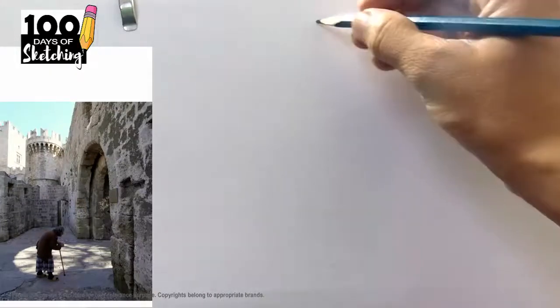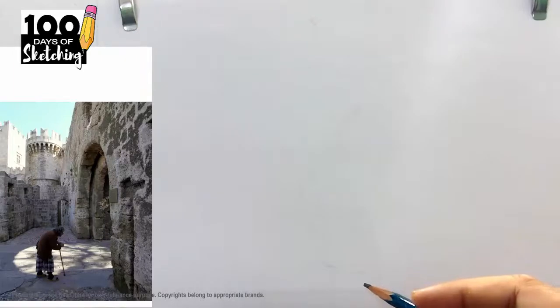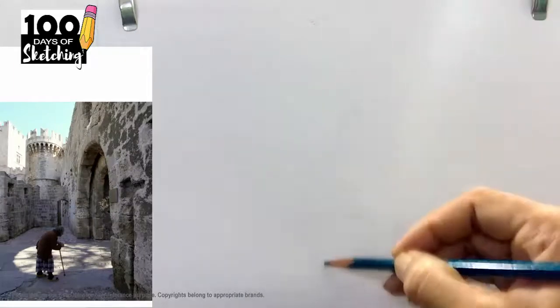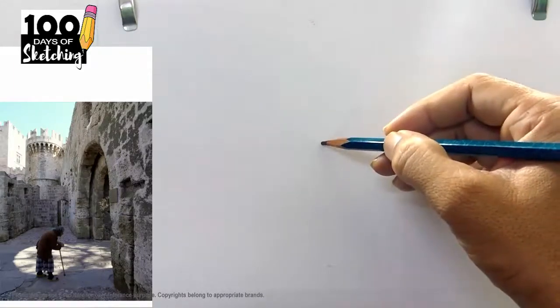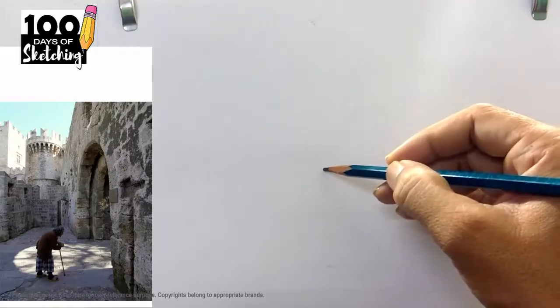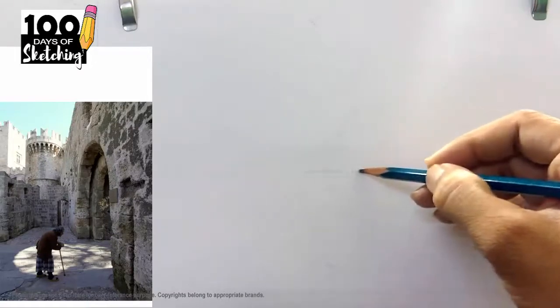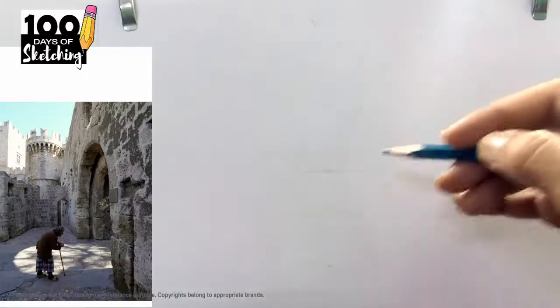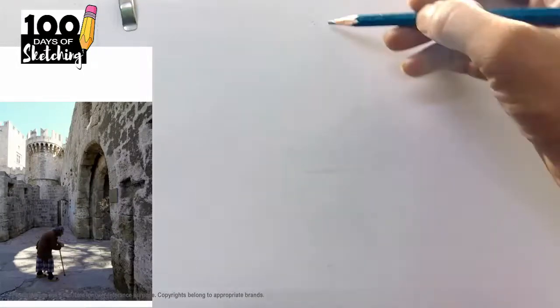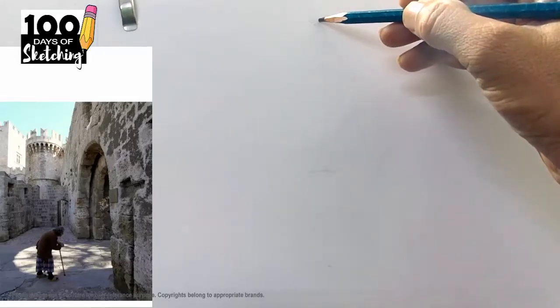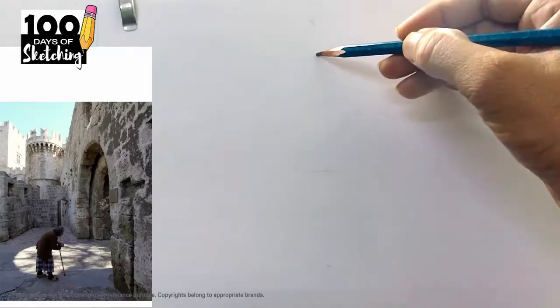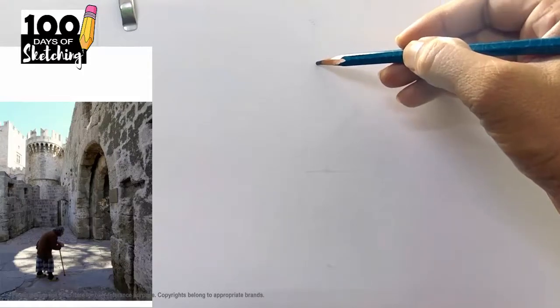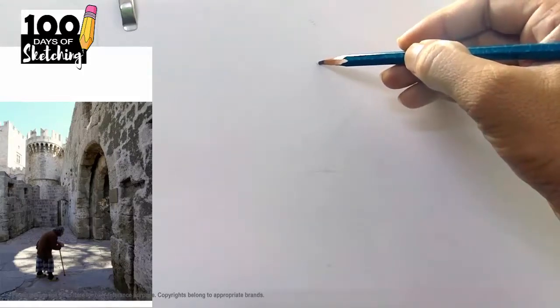If this is the entire height, then I can see the wall line is a little below half. And from the top there is also some space, about this much, I guess.